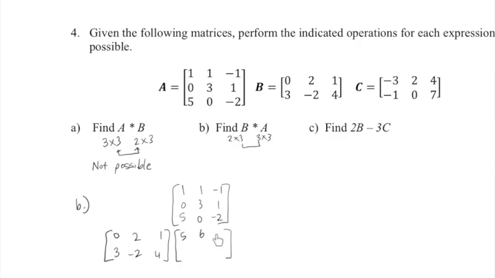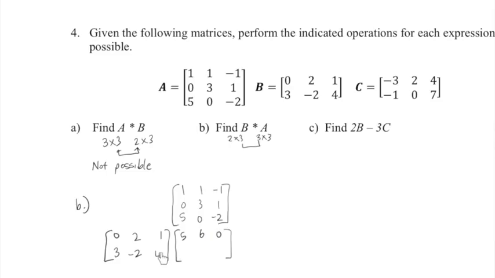This entry is a combination of that column and this row, so 0 times negative 1 is 0, 2 times 1 is 2, 1 times negative 2 is negative 2, so 0 plus 2 plus negative 2 is 0.